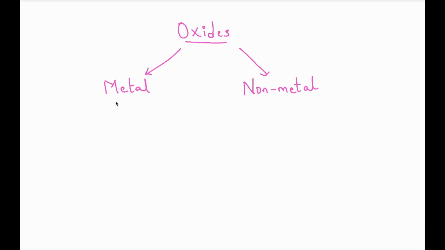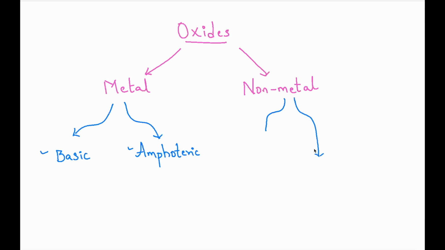Metal oxides are again in two different categories. So, metal oxides can be basic oxides or amphoteric oxides. Similarly, non-metal oxides are also classified into subclasses.